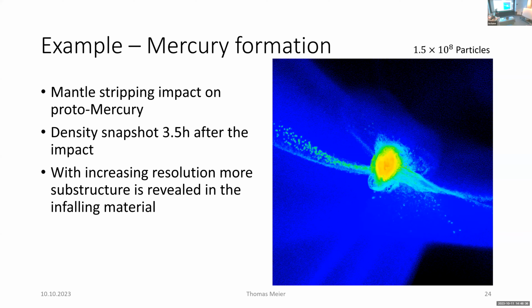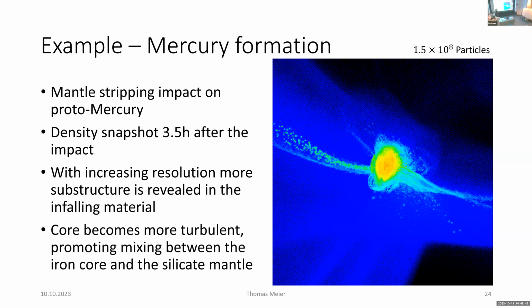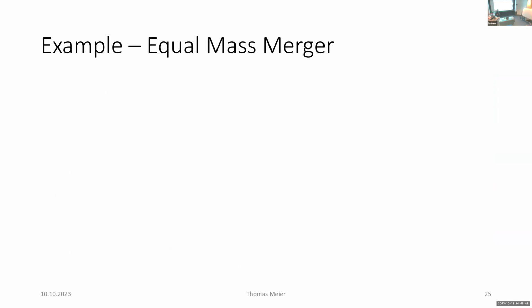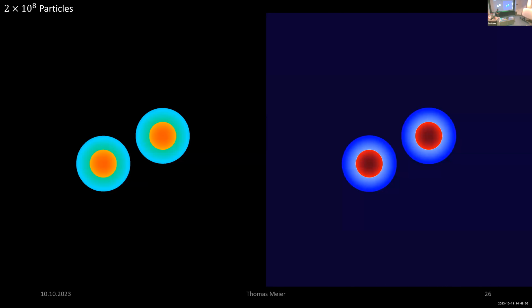So with increasing resolution, we get much more substructure here, and the turbulence in the core that is not there at low resolution. And then I have a second example, a collision between two Earth analogs. It looks like this, with one Earth, another one.